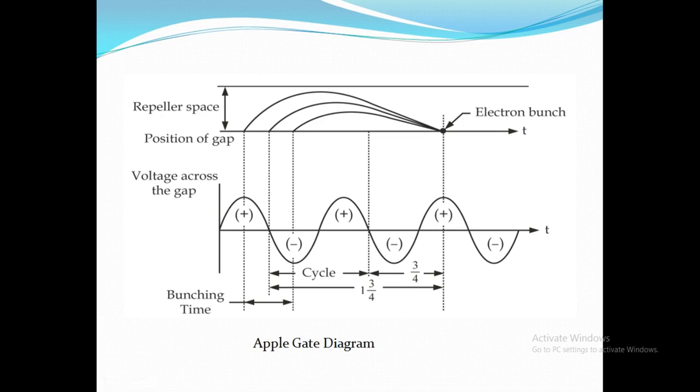It moves with a greater velocity and penetrates deep into the repeller space. So the return time for EE is greater than that of ER, the reference electron.